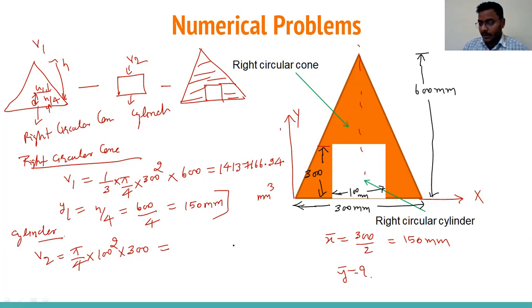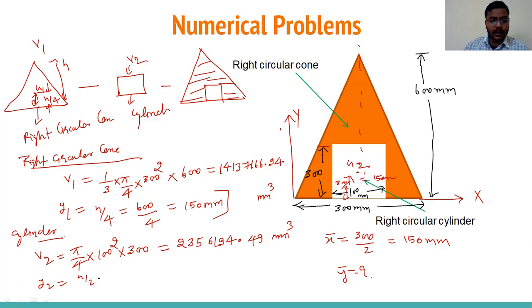By solving, you will get 235,6194.49 mm3. And what is y2? The centroid of the cylinder would be here, at h by 2 distance. So 300 divided by 2 will come 150 mm.